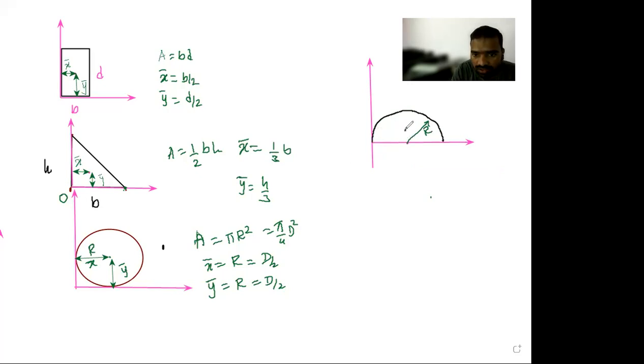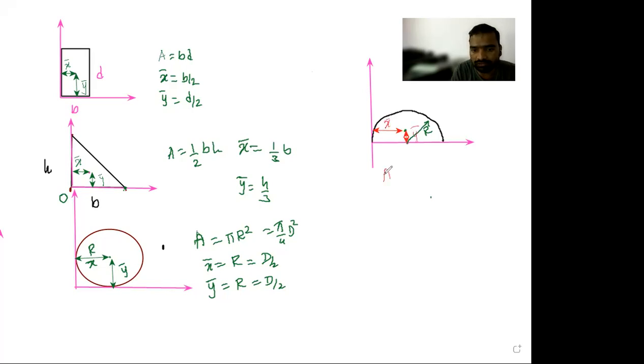Its centroid will be somewhere here. So I have to locate its x bar and y bar. So this will be the x bar value, and this will be the y bar value. This is x bar and this is y bar.